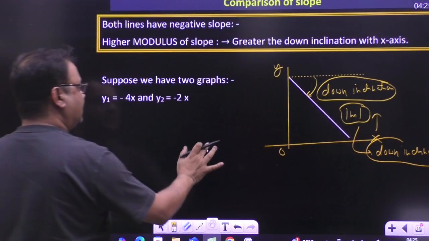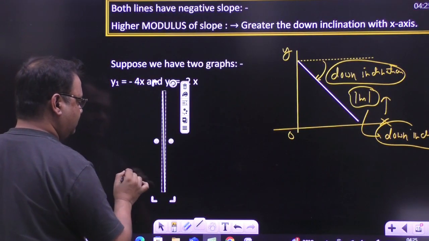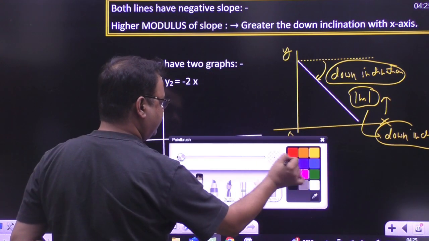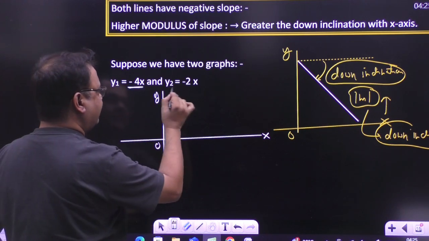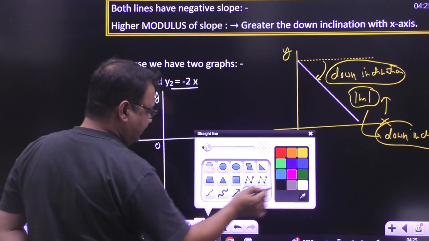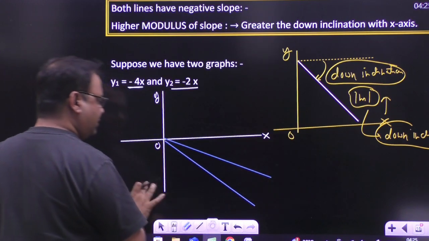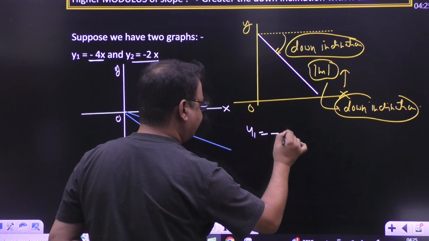the first lecture. Like if I am starting both the graphs from the same point, say one is minus 4x and one is minus 2x. So of course both graphs will go downward. Now graph 1 is minus 4x.